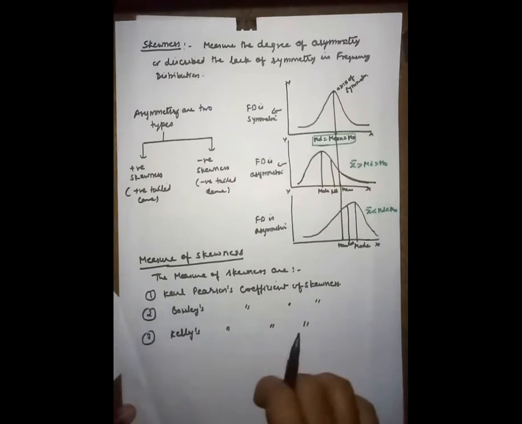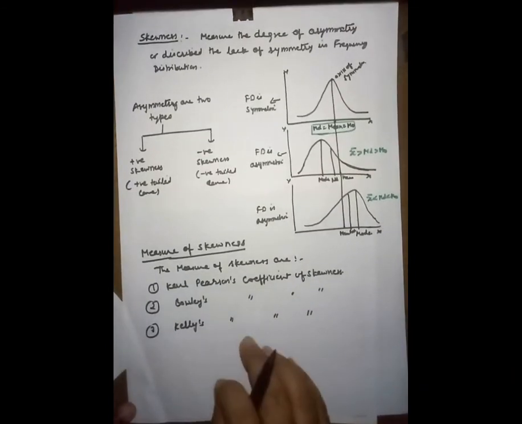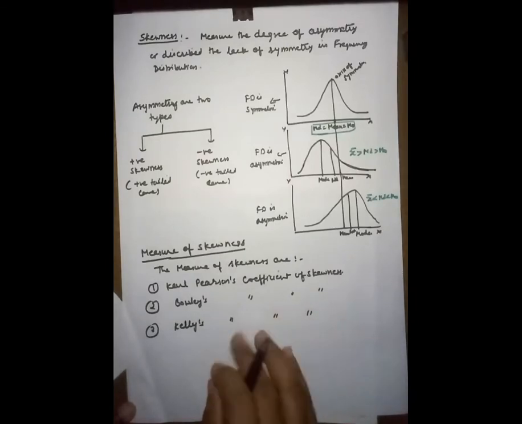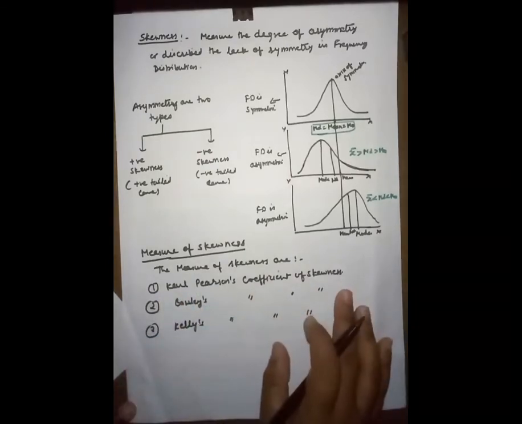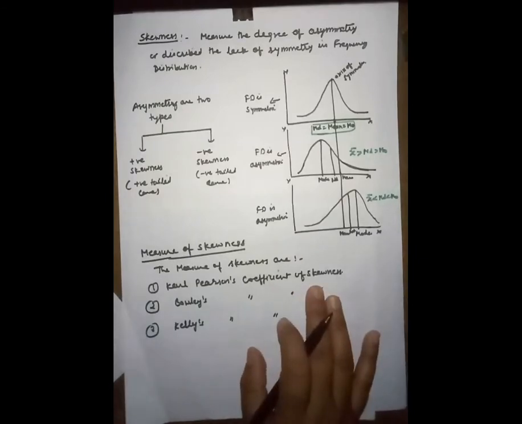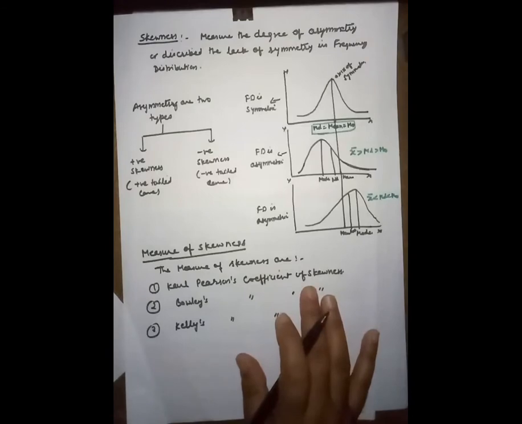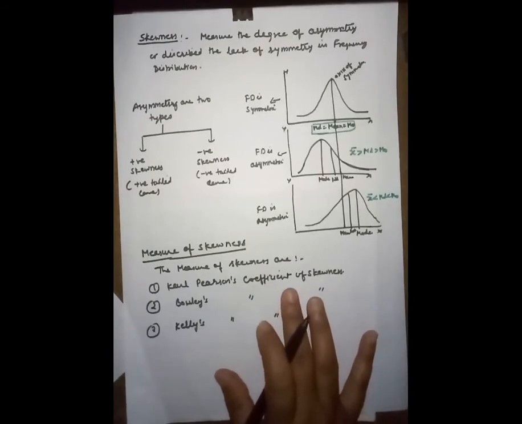Now taking the first one, Karl Pearson's coefficient of skewness, it is very important for measuring the skewness. So move on to the first one.